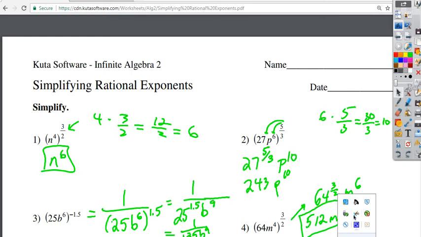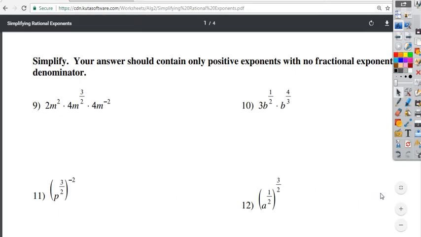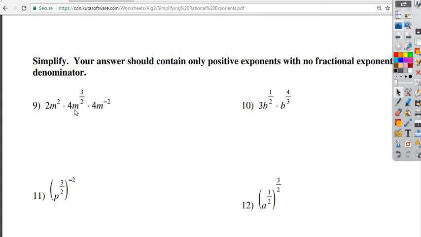Okay, so we've skipped down to number 9. You're not allowed to have negative exponents. You're not allowed to have fractional exponents in the denominator. So let's simplify. Now notice that when you're dealing with variables that are all the same base, they're all the same variable, all you have to do is add the exponents, right?